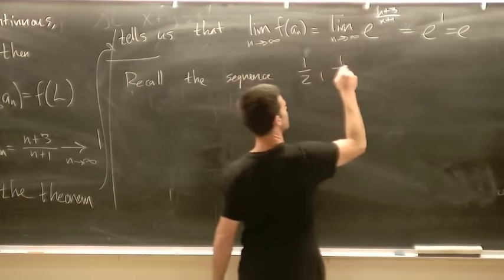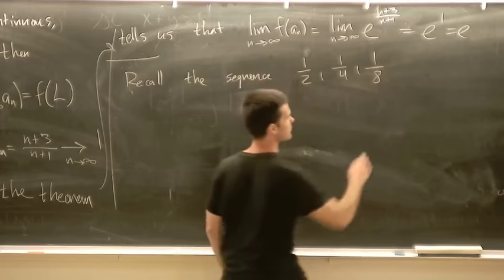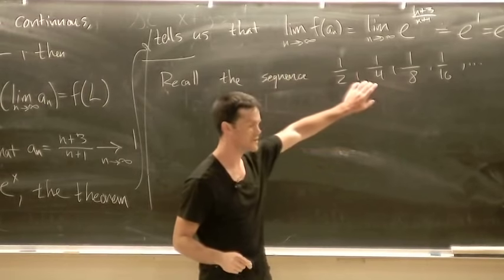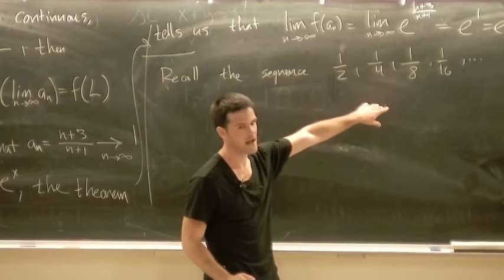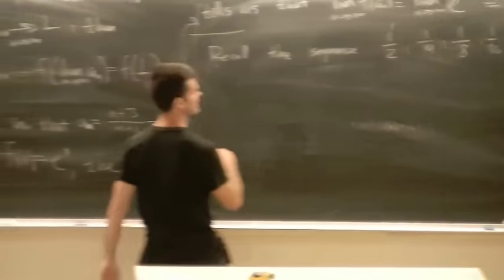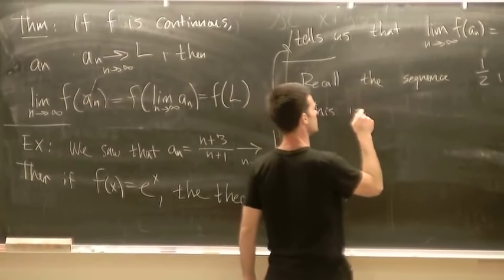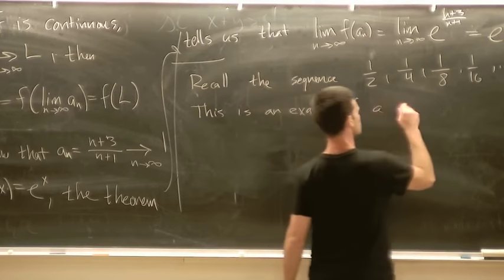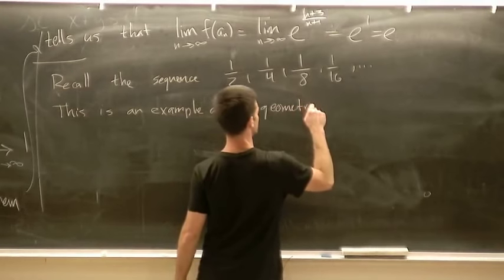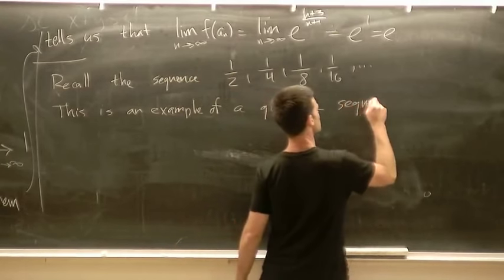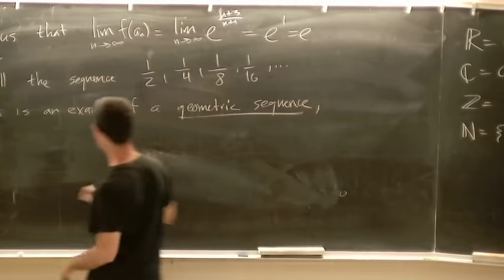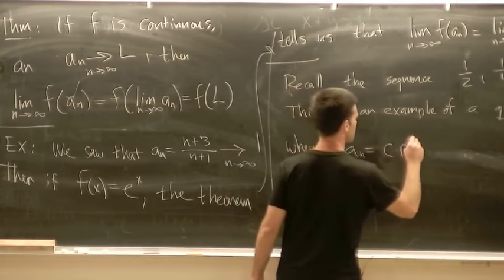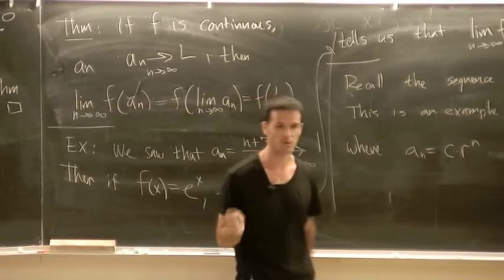You started with a half, then 1/4, then 1/8, 1/16, and each term you could get from the previous term by dividing it in half. So this is an example of a geometric sequence, where the definition is an equals some constant times r to the power n.